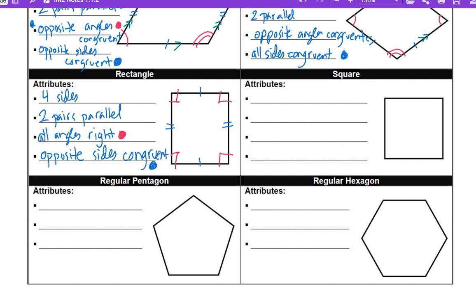I'll mark the parallel in green. And then we move on to square. A square has 4 sides. 2 pairs are parallel. All right angles.